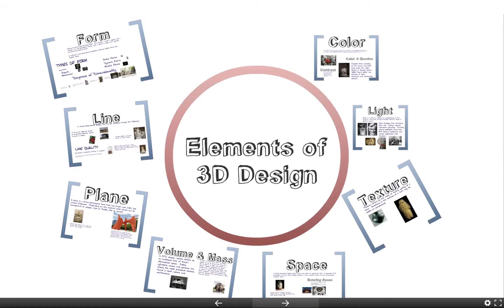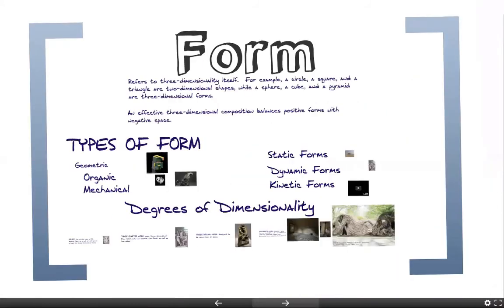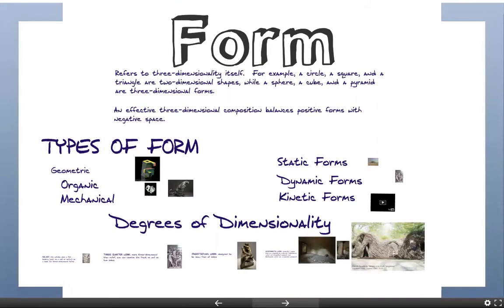So to review, we learned that form can be described as geometric, organic, or mechanical, and we can further describe the degree of actual or implied movement with the terms static, dynamic, or kinetic.